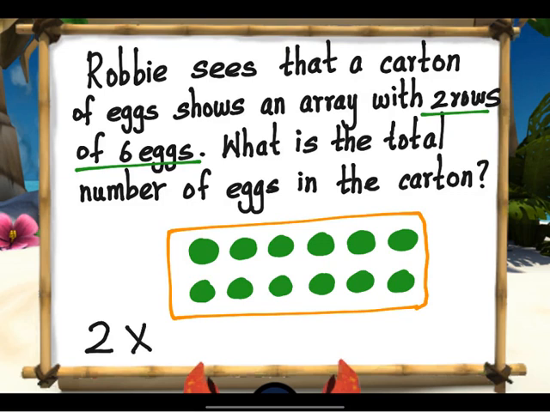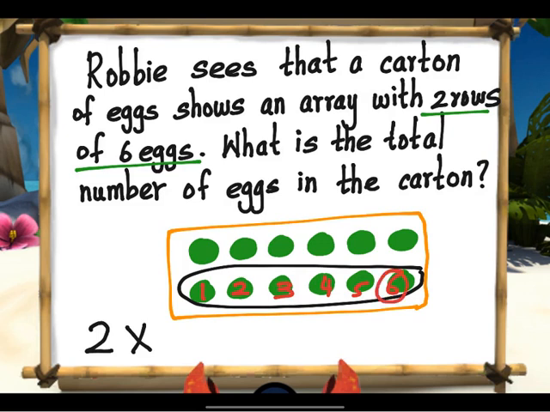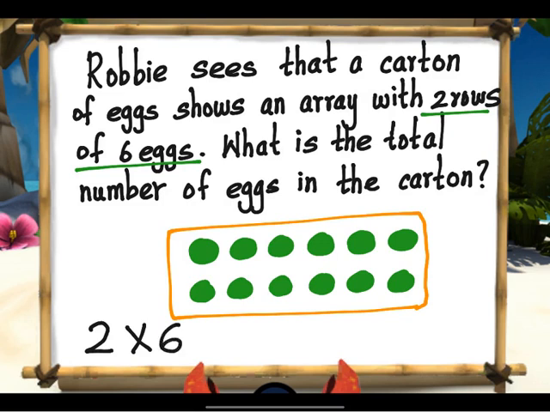Okay, so 2 groups of how many circles are in one group gives us the size of the group. So let us count how many circles are in one group. 1, 2, 3, 4, 5, 6. So the size of the group is 6, right? So the multiplication equation goes like so. 2 times 6 equals what?